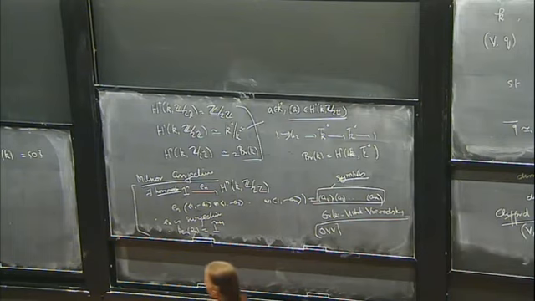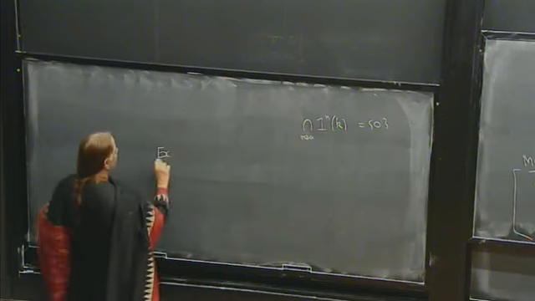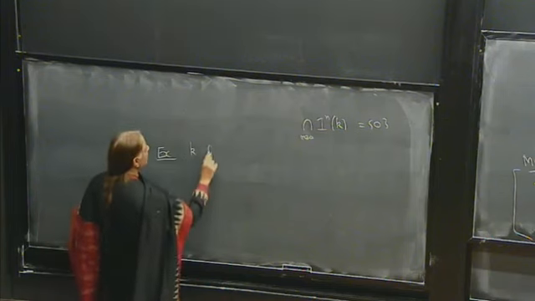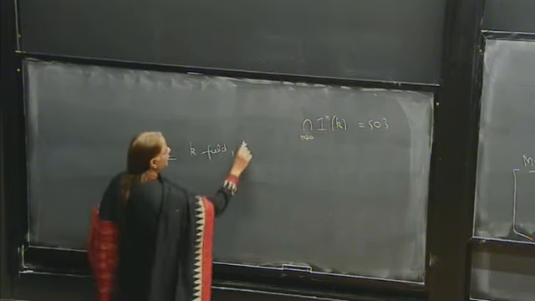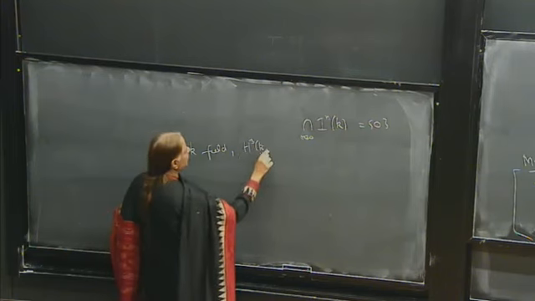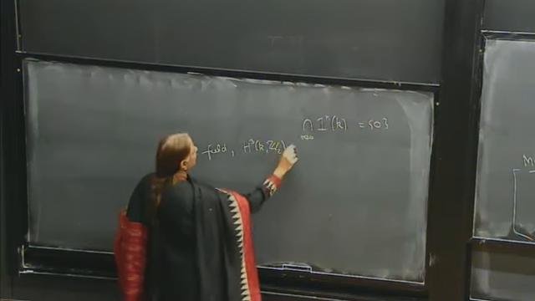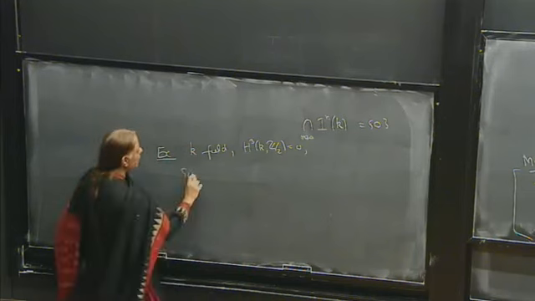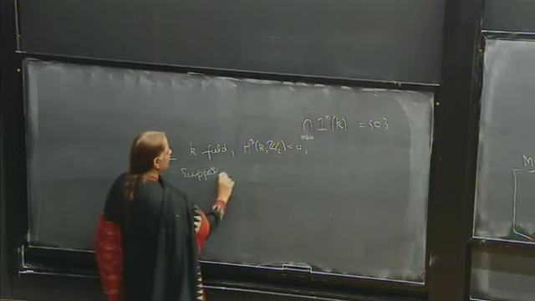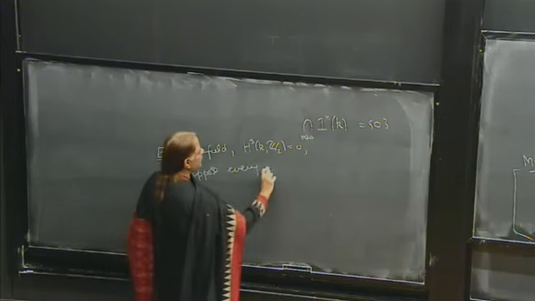So maybe I will leave you with an exercise. Suppose K is a field of any characteristic, H^3 is 0, say. And suppose every element in H^2 is a sum of at most two symbols.